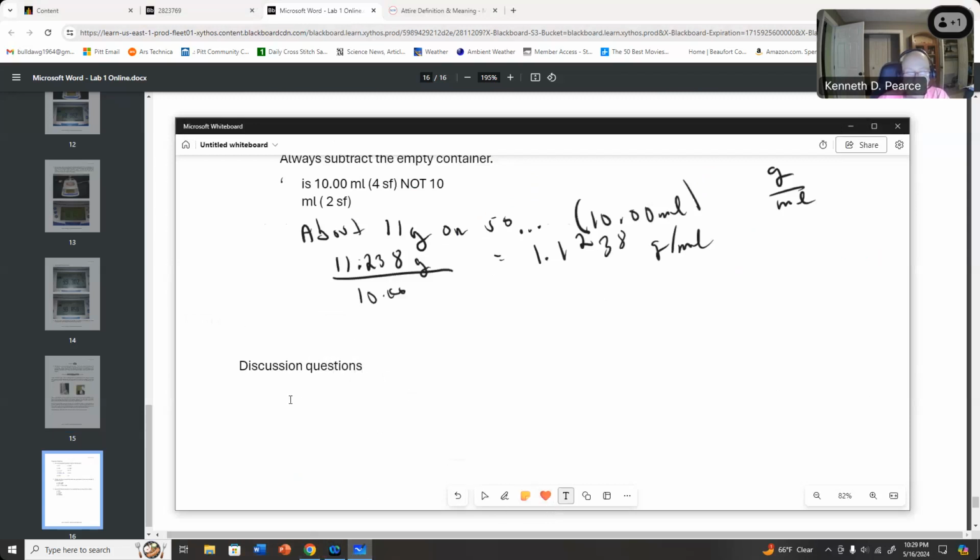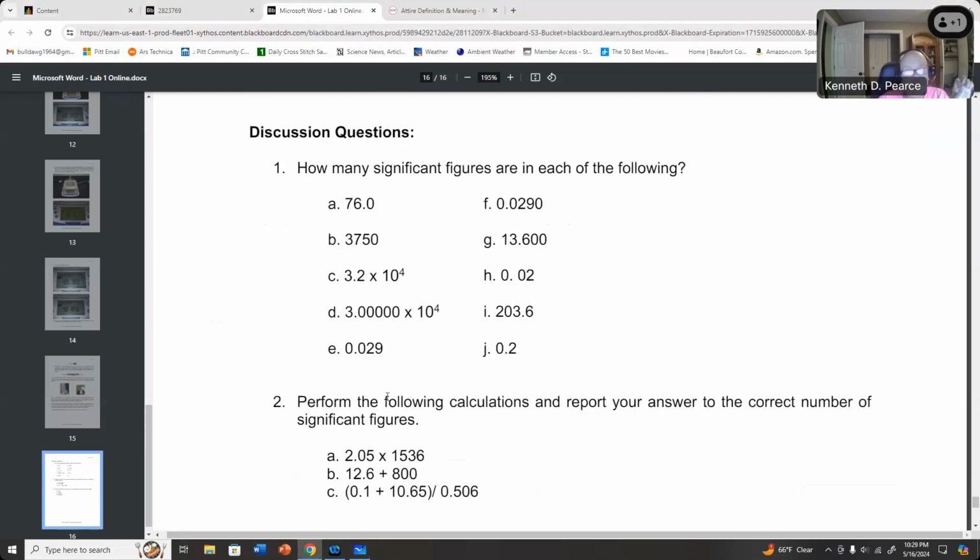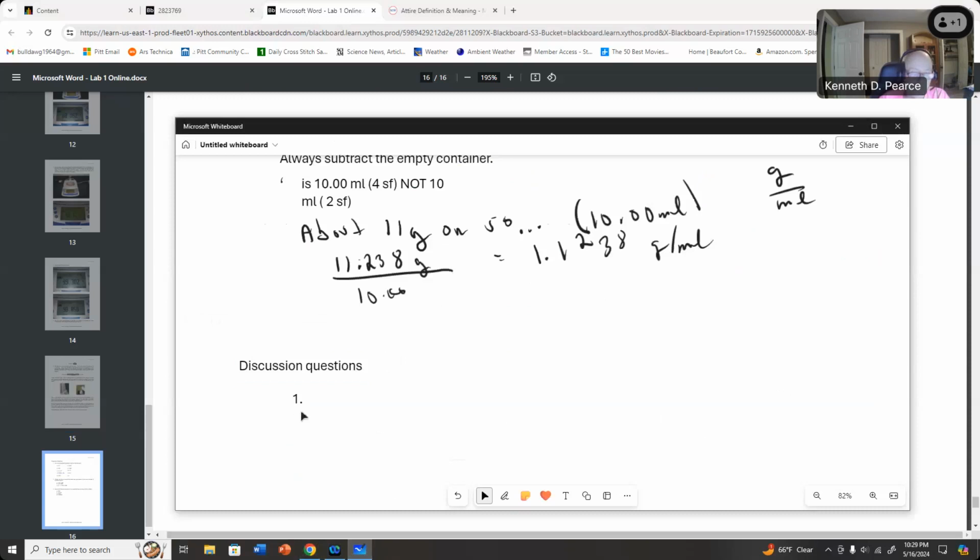So, for instance, number 1 would be how many sig figs? We look over here at the lab and it says 76.0. And so we go A, 76.0. So how many sig figs is that?